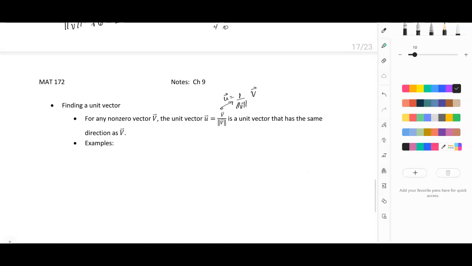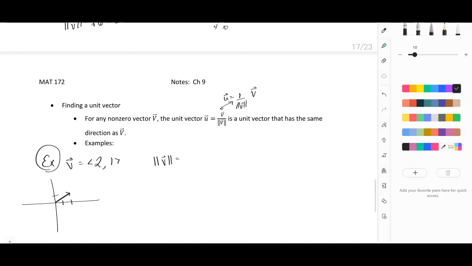So let's do an example. Suppose we have the vector 2, 1. So that vector, if I were to draw that, and this is a rough graph, would look like this. It has a terminal point at 2, 1. Let's find the magnitude of that vector.